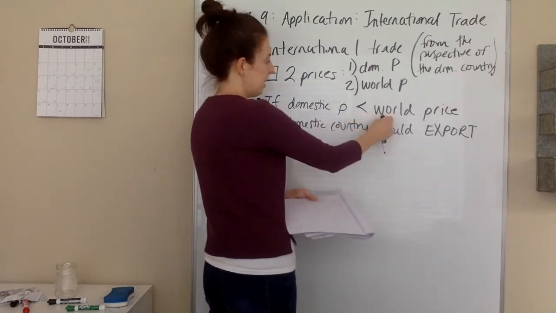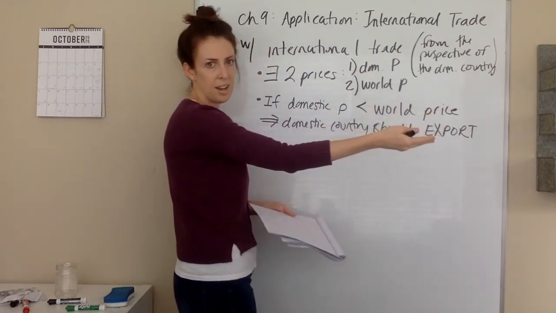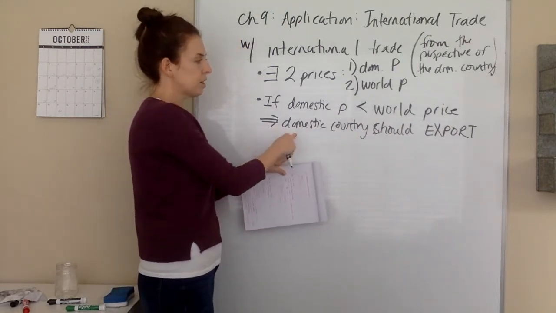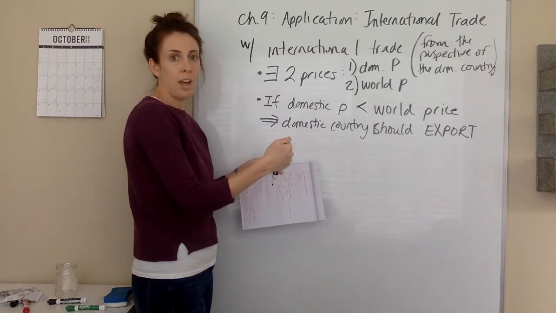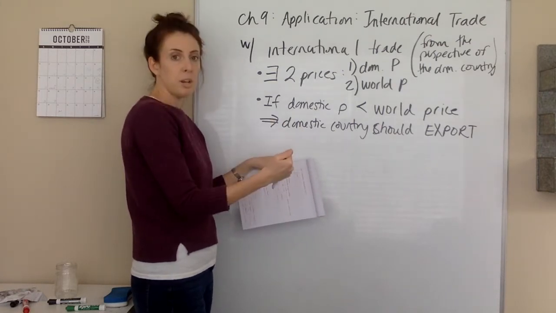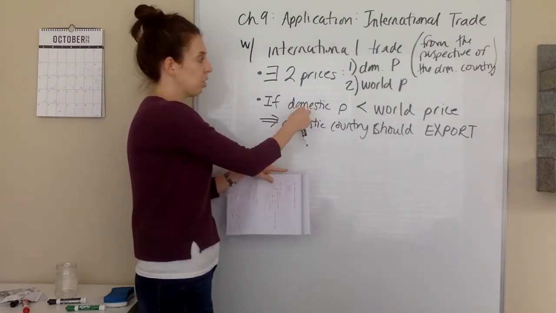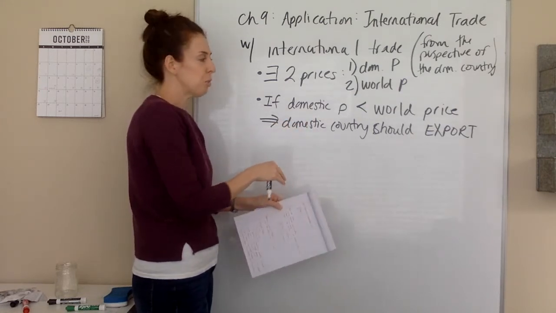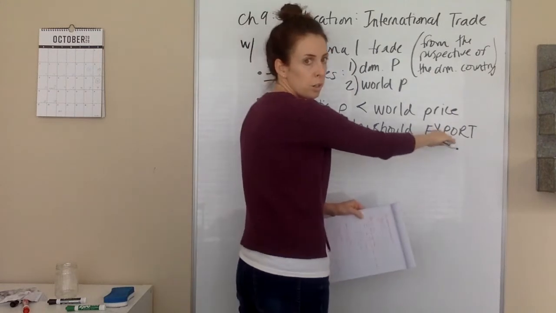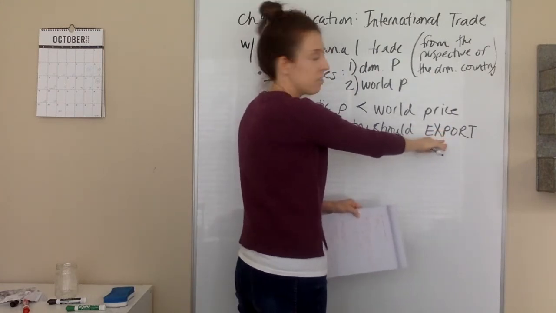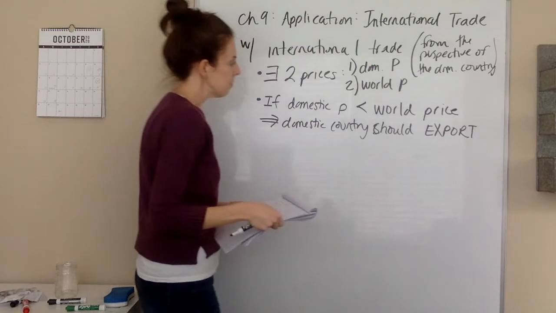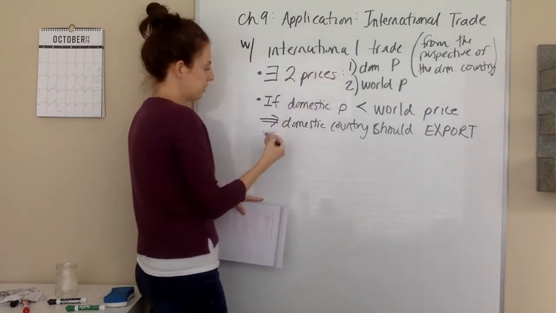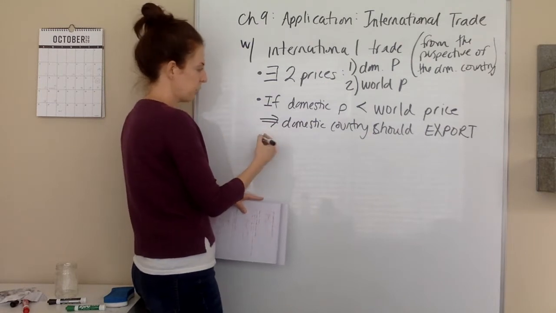And in the rest of the world, the prices are really high because they're not as efficient at making the good. If that's true, then the domestic country should take ownership of that good and say, we're pretty good at making motorcycles, and as a result we have low prices here. Why don't we take this good that we can make cheaply and sell cheaply and export it to the rest of the world, where you don't make it as efficiently, and so you have to pay a higher price. Okay, so this is the first thing that could be true: the domestic price could be less than the world price. In that case, the domestic country should export.